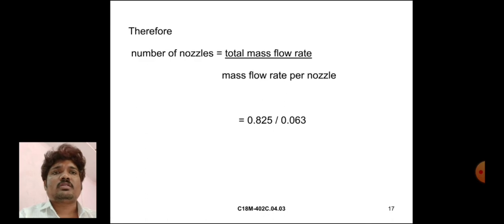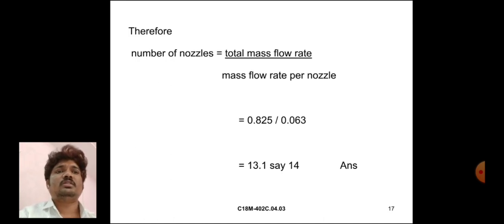This ratio is called number of nozzles. Total mass flow rate is 0.825, mass flow rate for nozzle is 0.063. This gives 13.1, say 14.